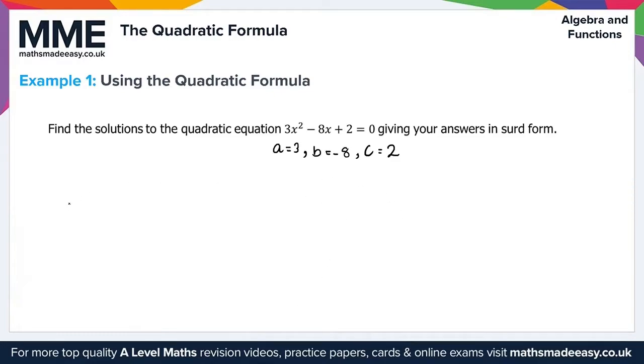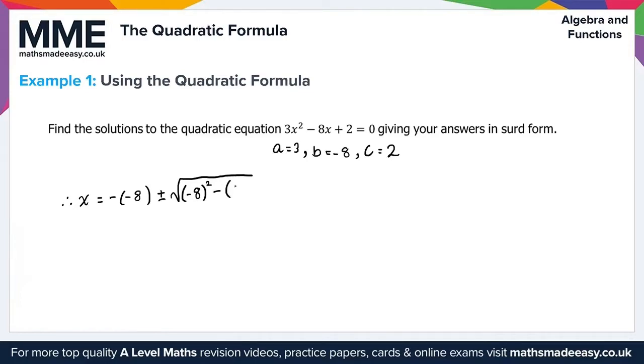So therefore, x is simply given here using the quadratic formula. So that's going to be minus b, so that's minus 8, plus or minus the square root. So the first part here is b squared, so that's going to be minus 8 squared, minus then 4ac.